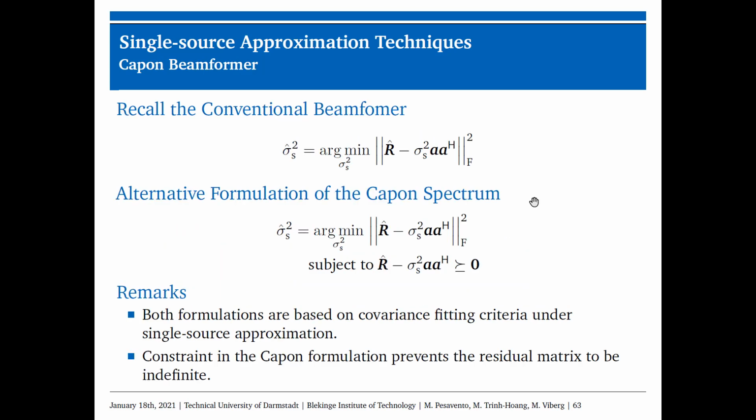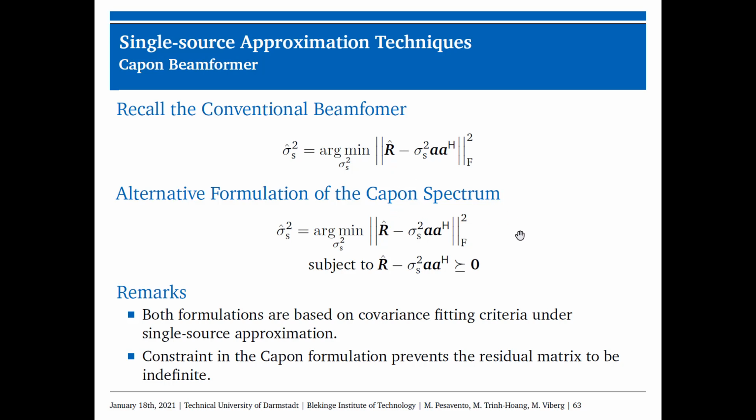Although the expressions of the beamformer spectra that we saw before are quite different, in fact they share a common background. The Capon beamformer and the conventional beamformer can both be considered as solutions of a covariance matching problem.